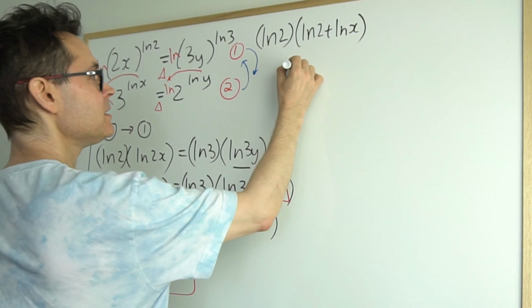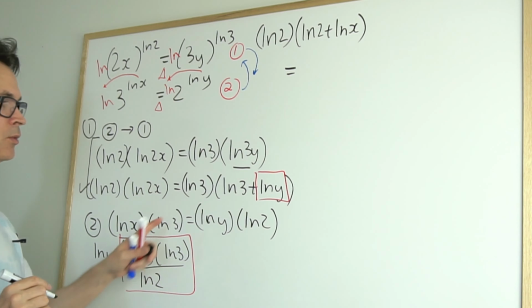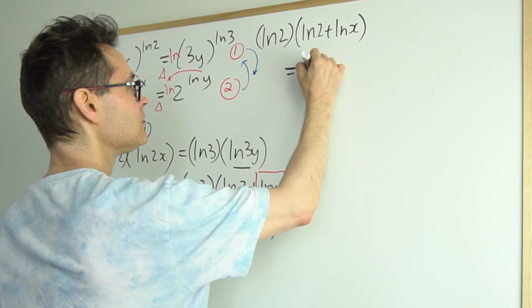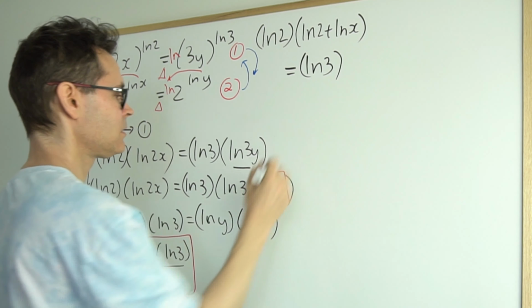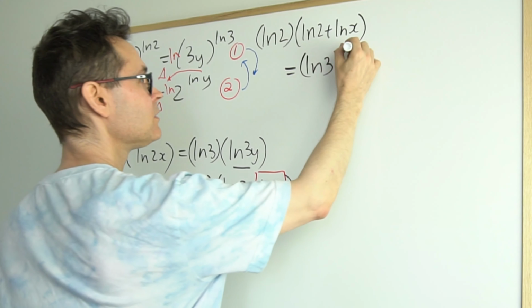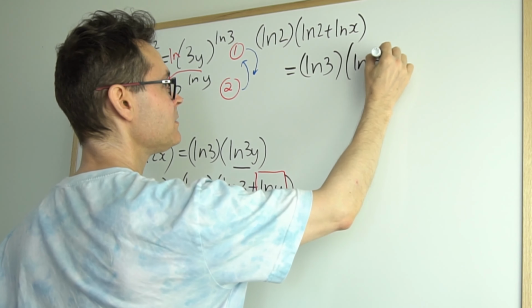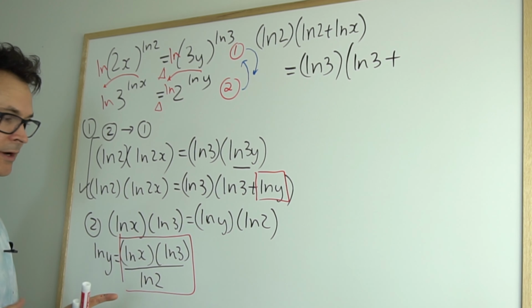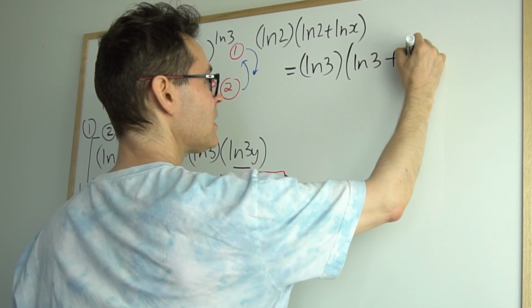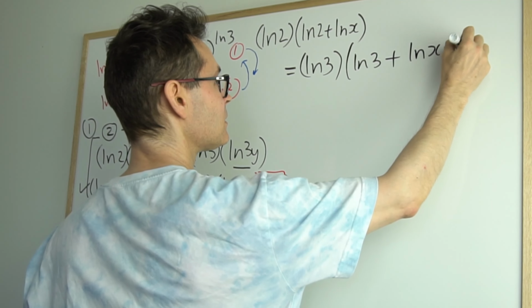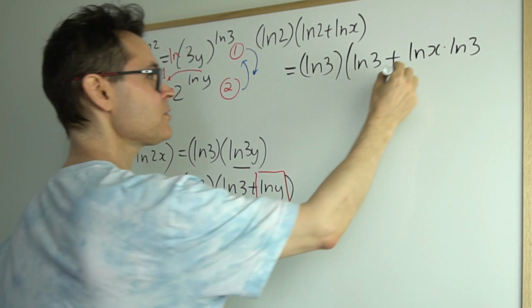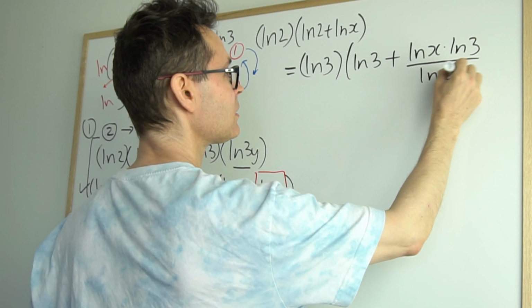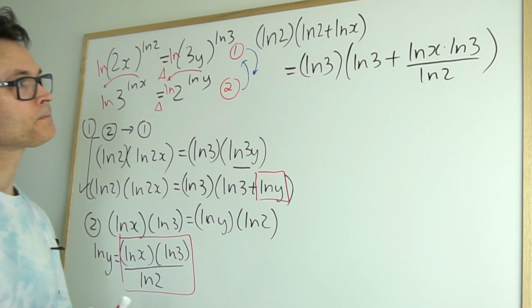Over here, because I'm going to run out of space, I'm going to say equals the ln of 3 multiplied by the ln of 3 plus ln y, which is this. Now there's the substitution. So I've got the ln of x times the ln of 3 over the ln of 2.